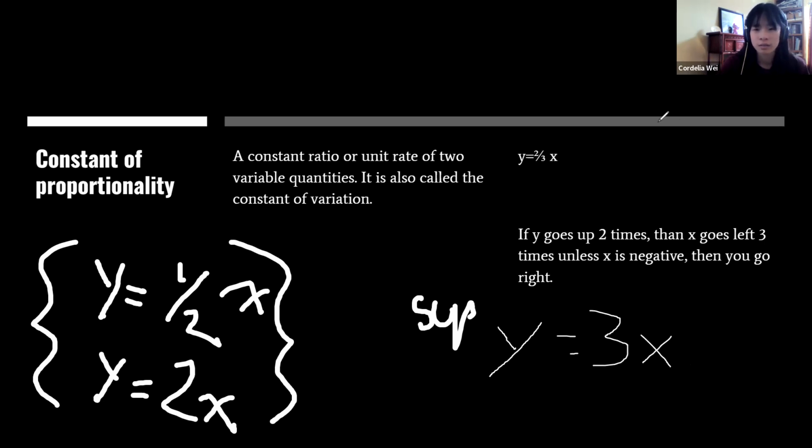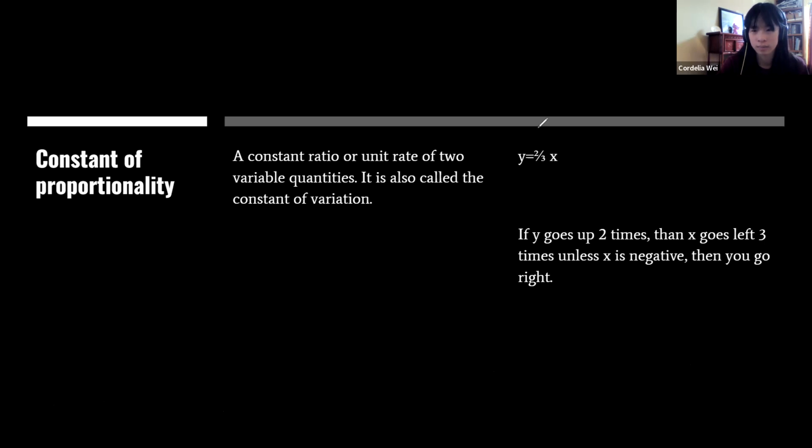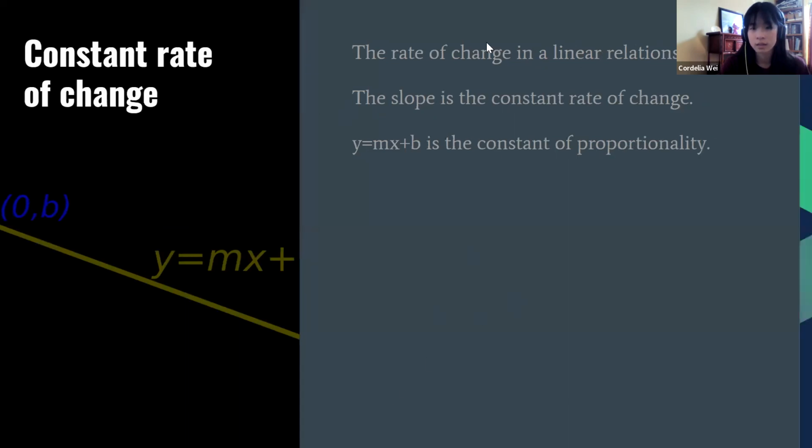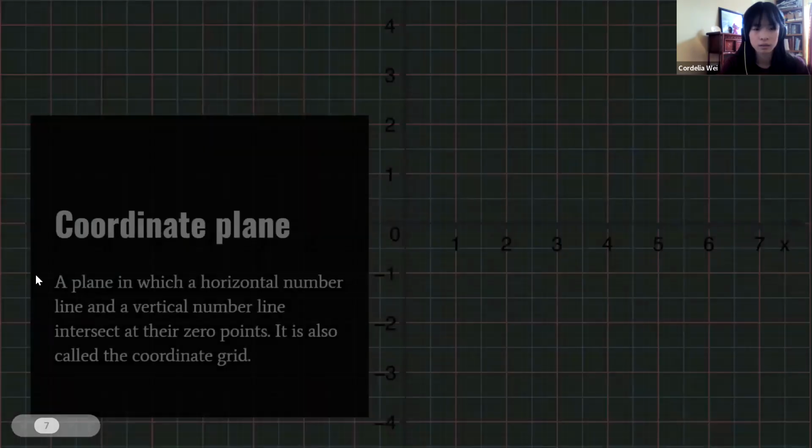Okay, let me see if I can clear all that. Okay, next slide. So the constant rate of change is similar to the constant of proportionality because it also indicates slope. Basically the constant rate of change is a linear relationship, like a line.